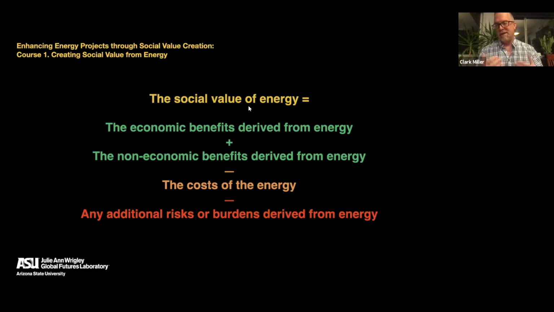And in course 3, we'll talk about another idea called the energy poverty nexus, and that's where we'll really differentiate between those cases where you have net positive social value creation, we call that generative, and net negative social value creation when the costs and the risks and the burdens are too high and they're higher than the benefits gained.